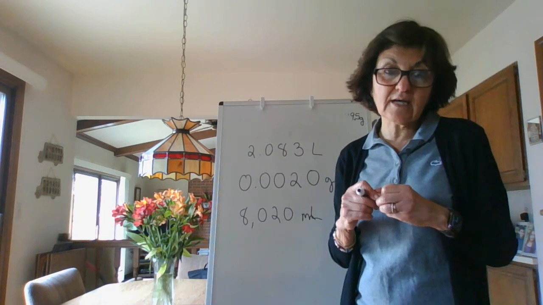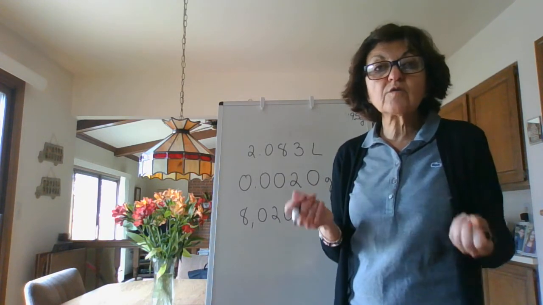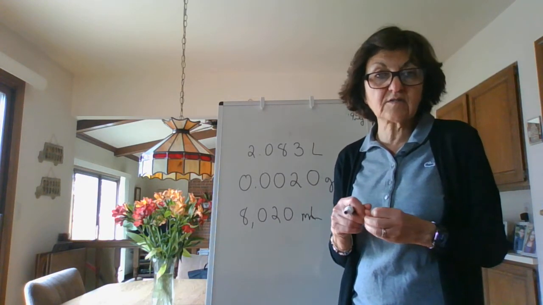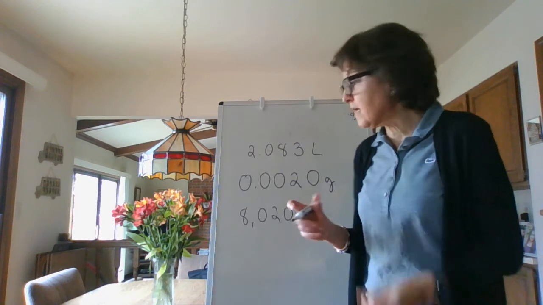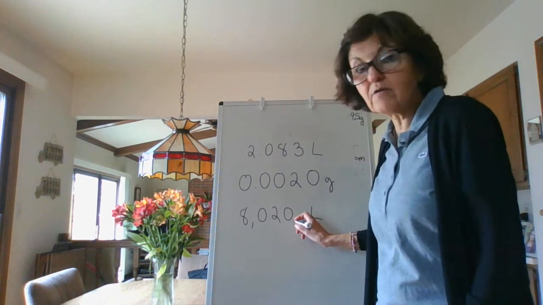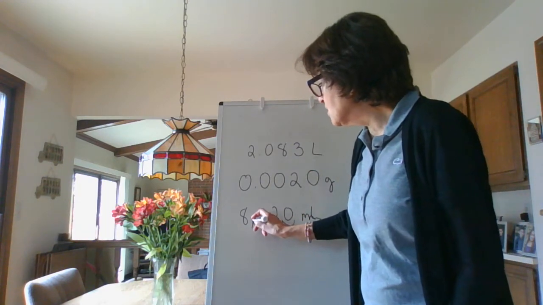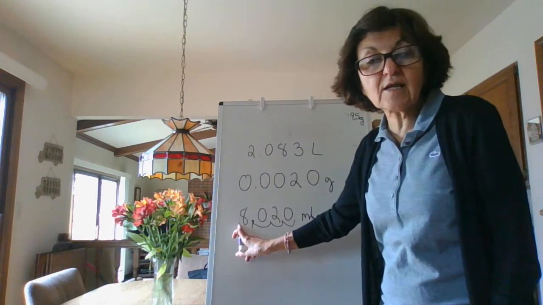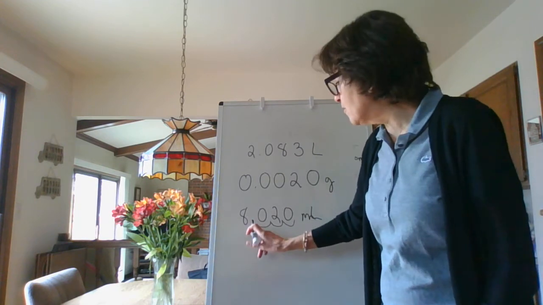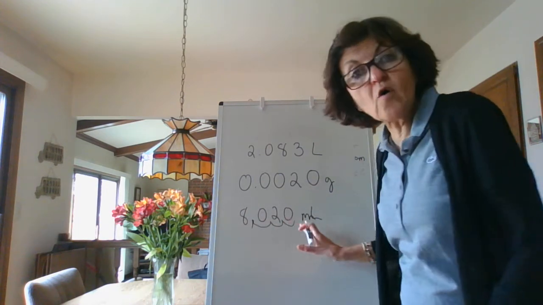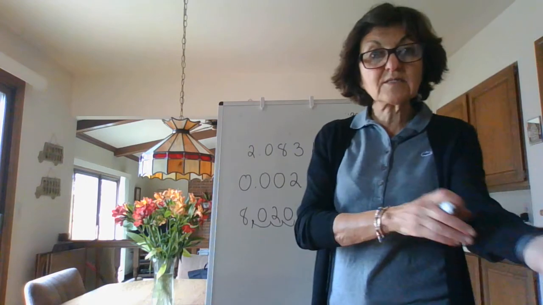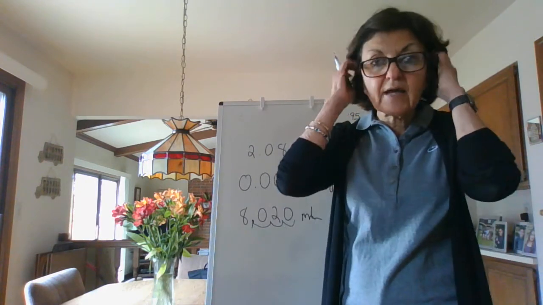You turn it into scientific notation. So what are the rules for turning something into scientific notation? You take the decimal, which is right here, and you move it 1, 2, 3, so that you have only one digit to the left of the decimal. And then you keep all of the digits that you want to be significant in that number.